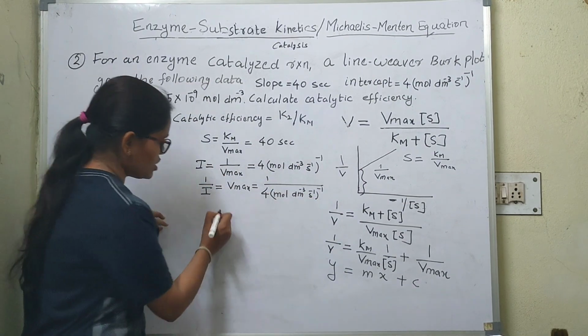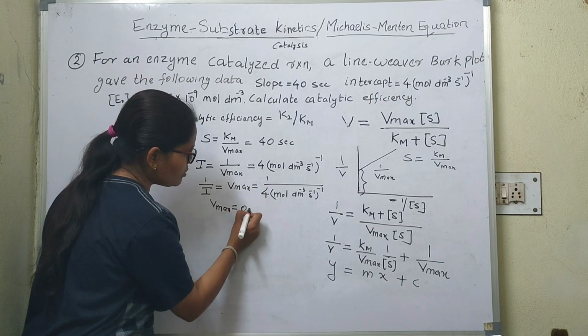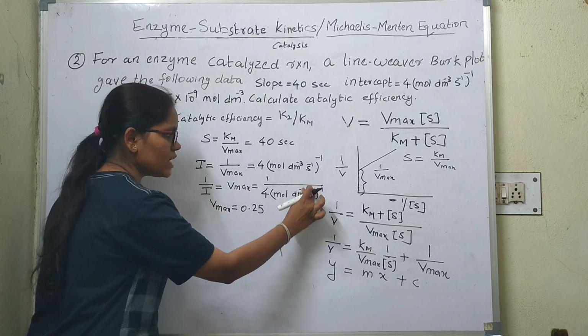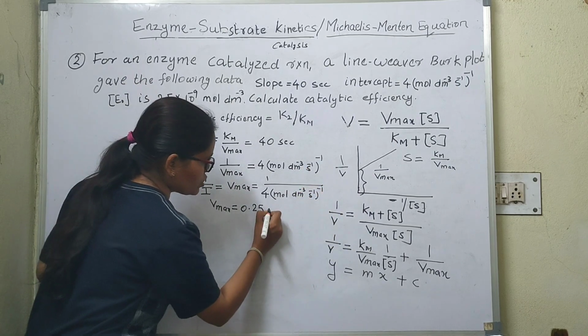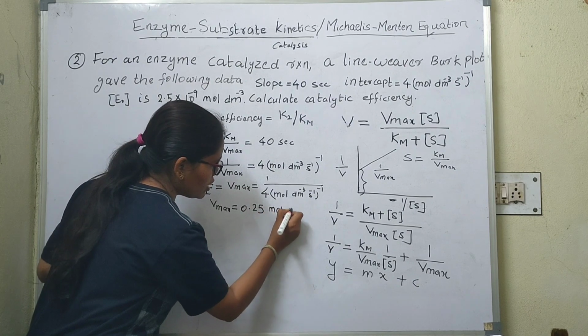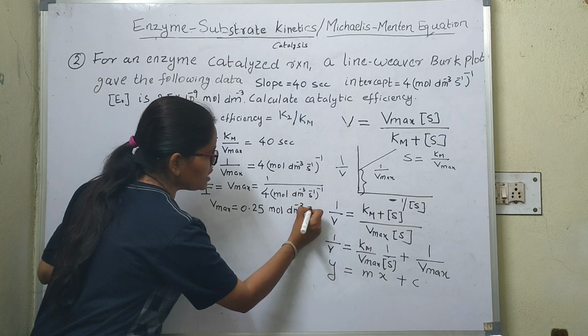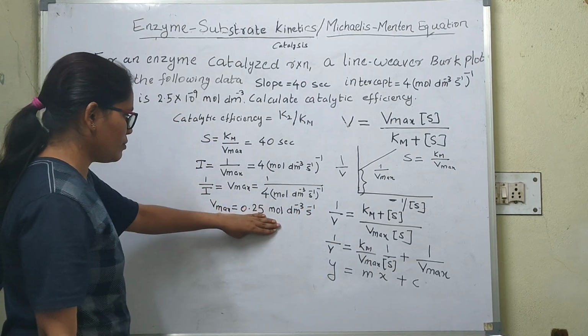What is 1 by 4? It will be 0.25. When this entire term goes to the upside, this inverse gets cancelled. So there will be no inverse. So what will you get? Mole decimeter cube minus 3 second inverse. Now you have the value of Vmax.